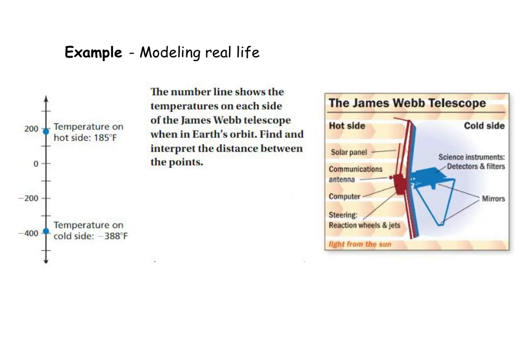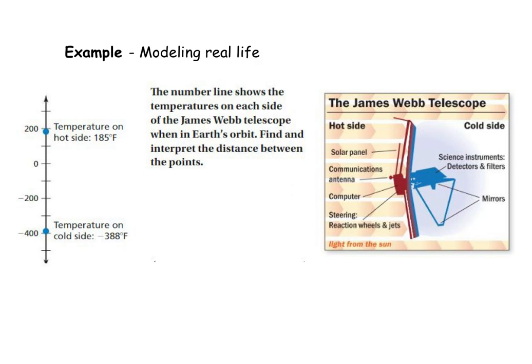We'll end this lesson with some real-life modeling. The number line shows the temperature on each side of the James Webb Telescope when in Earth's orbit. Find and interpret the distance between the points. So it says the temperature on the hot side is 185 degrees. Temperature on the cold side is negative 388 degrees.